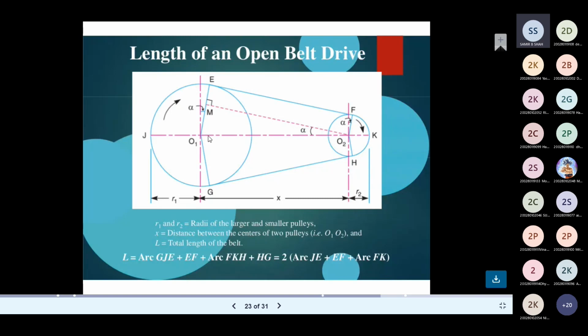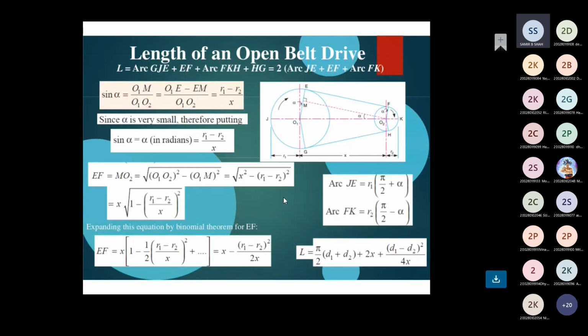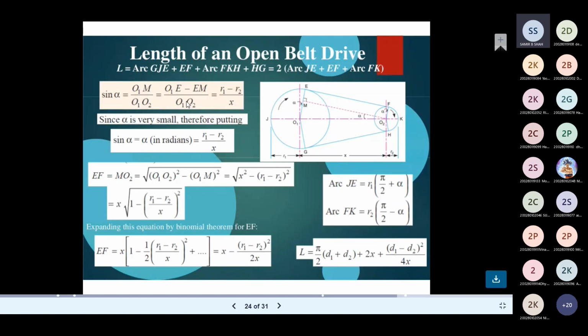But we know that O1E is the radius of this, and O1M is also the radius of this, meaning radius R1 and this radius R2. And O1O2 means it is X. So we can say that sine alpha is equal to R1 minus R2 by X.